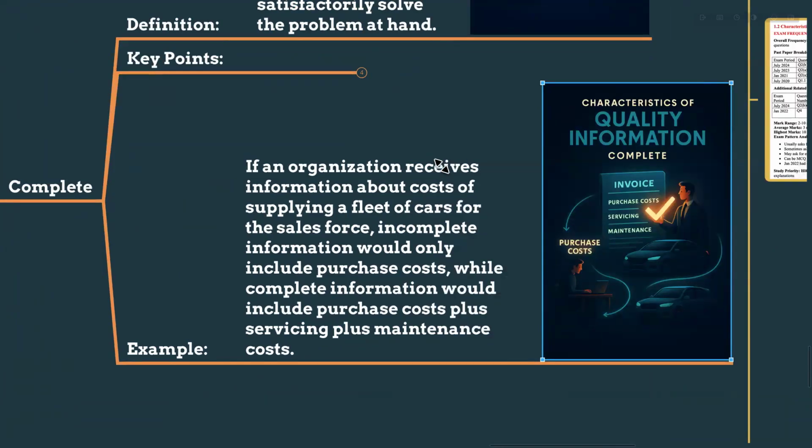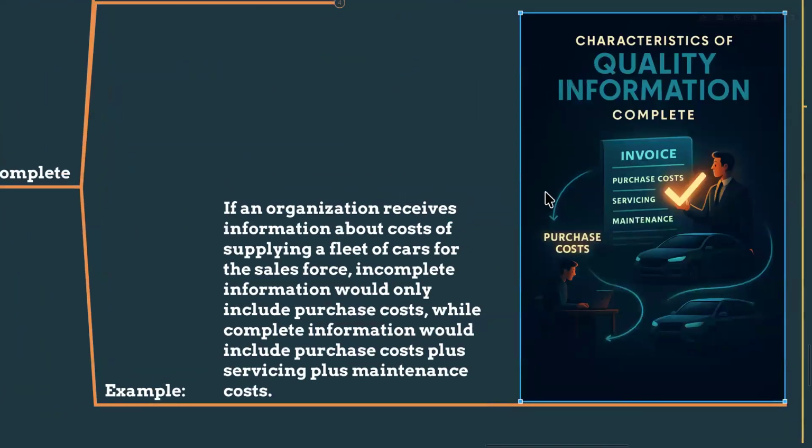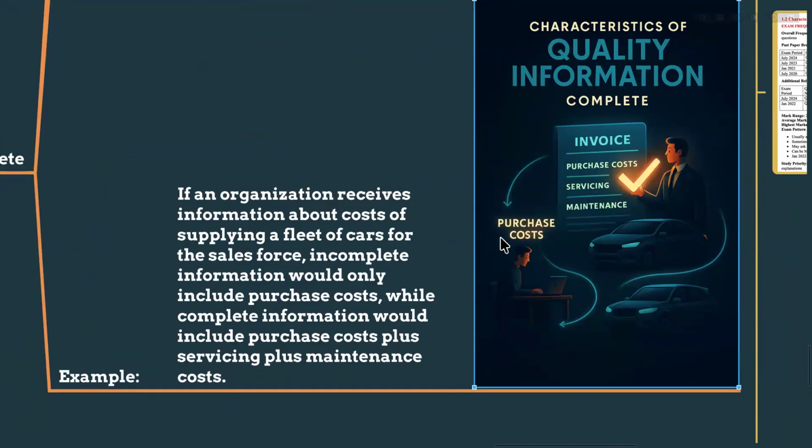You got it, right? So let's say you're buying a car, and if they have only the purchase cost, that's incomplete information. In the invoice, they must mention the cost and the service and the maintenance terms and everything, right? That's the complete information.